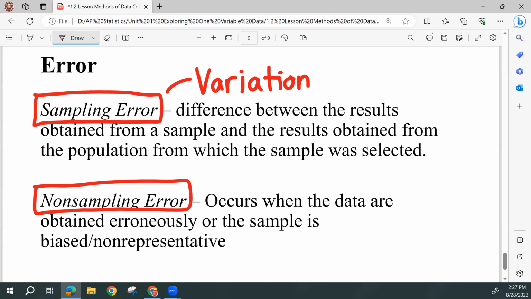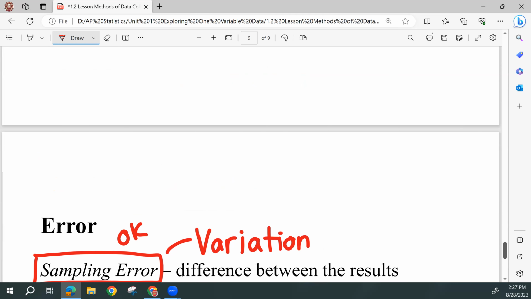So these things are okay. Non-sampling errors are not really okay. We want to try and mitigate, and we want to try and adjust for those as much as possible so that we get good representative data. And so sorry to have skipped around here.